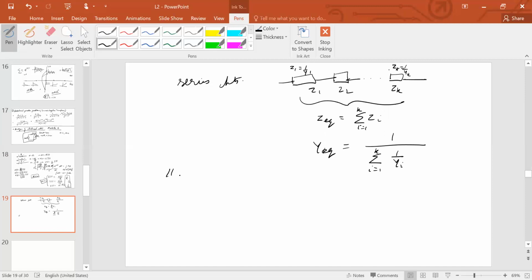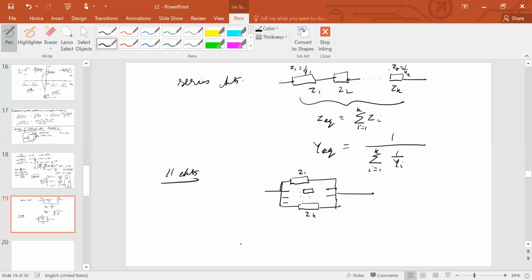Similarly, if you have parallel circuits, you have Z1 and these elements connected across, and finally Zk. Suppose these are the impedances.